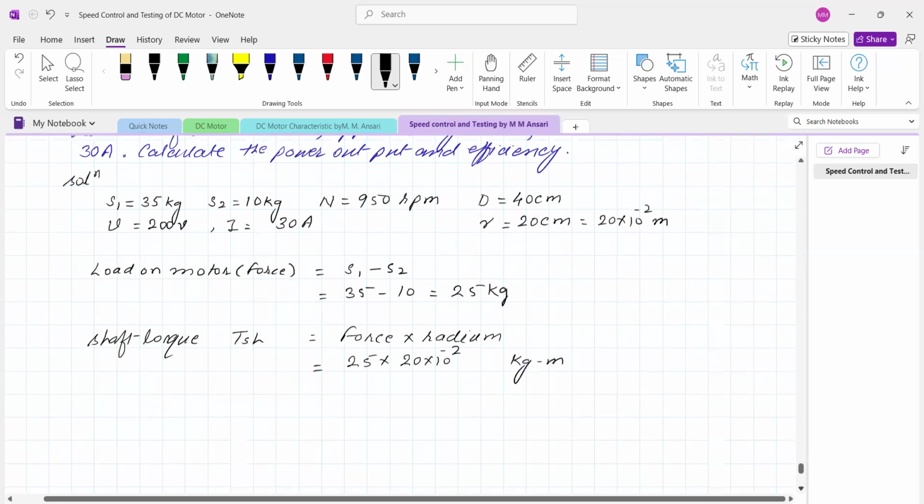To convert kg meter into Newton meter, we multiply 9.81 into 25 into 20 into 10 raised to minus 2. This is the shaft torque, available in Newton meter. So TSH is equal to 49 Newton meter.